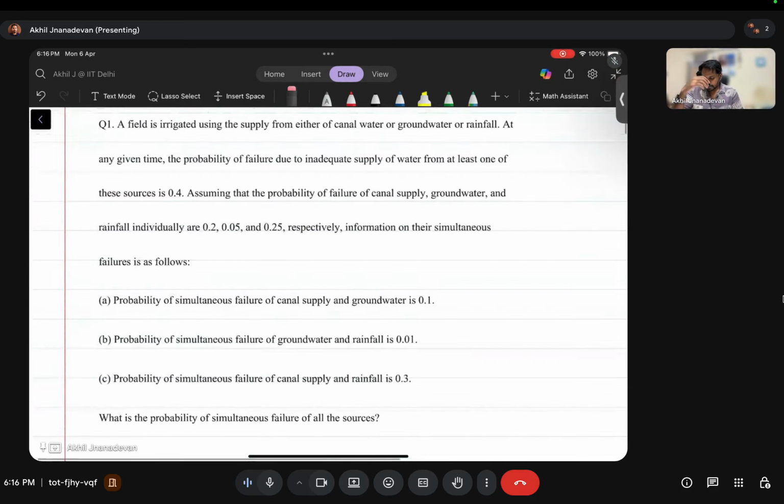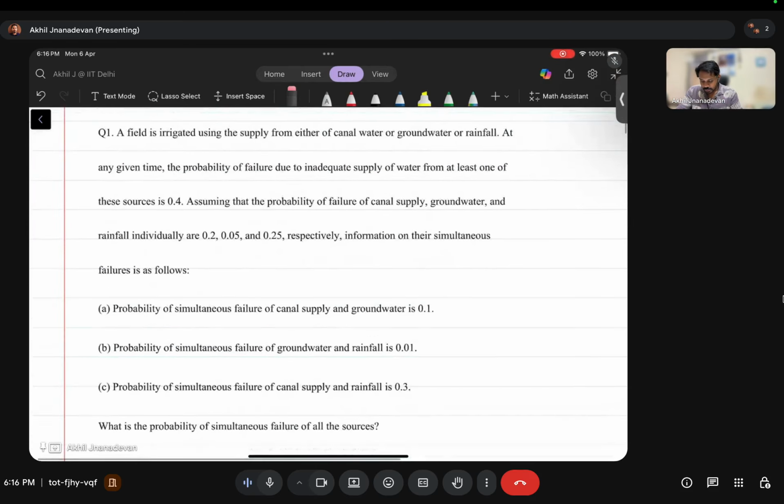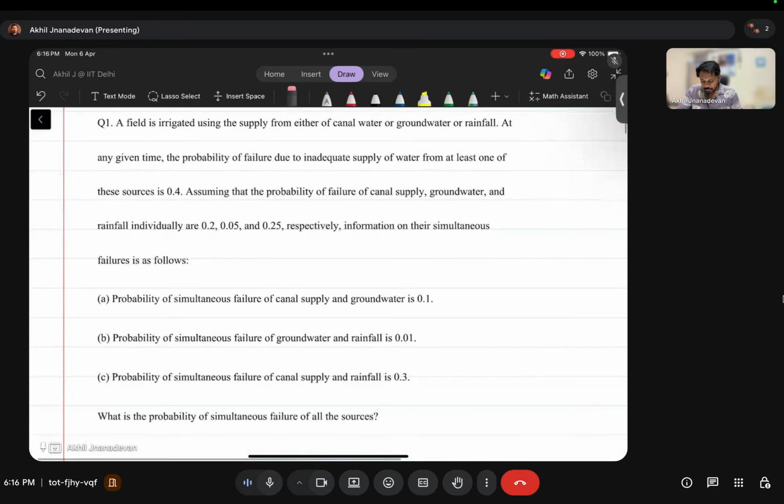A field is irrigated using a supply from either canal or groundwater. So there is a field that is irrigated, and the supply is from canal water, groundwater, or rainfall. So there are three possibilities.